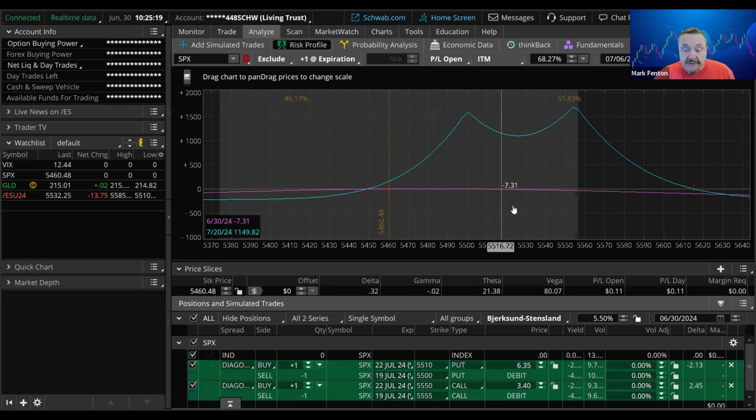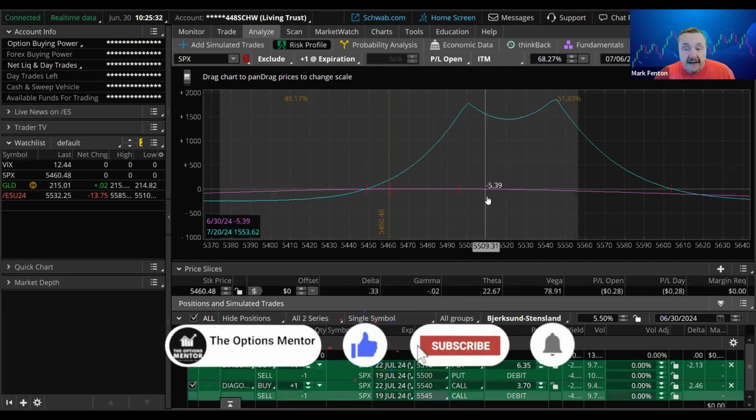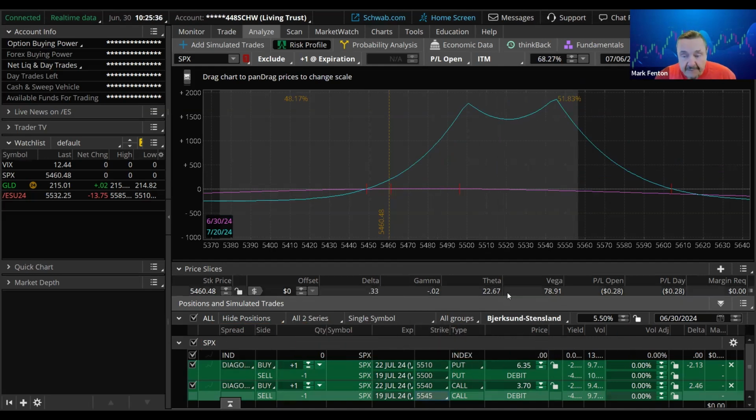But if I put on the 55.50 call diagonal, now look where I am. Now I'm back closer to the center of the graph. In fact, you could probably go in even a little closer. You could do the 55.40, 45. And there you'd be, back in the middle of the graph, with time decay in your favor. Now it does change the downside, of course. It's not all profit down here, but now you have room for it to roam up here and you can make money on time decay.